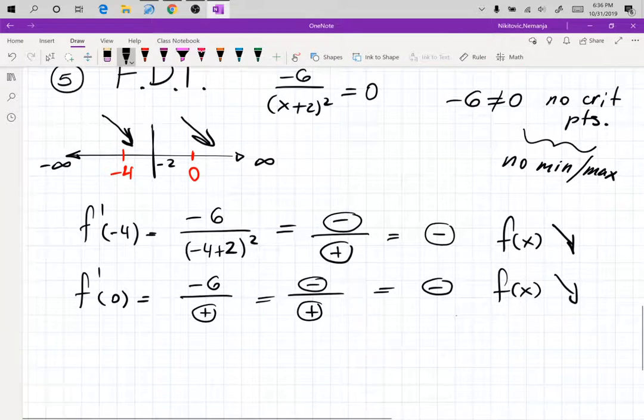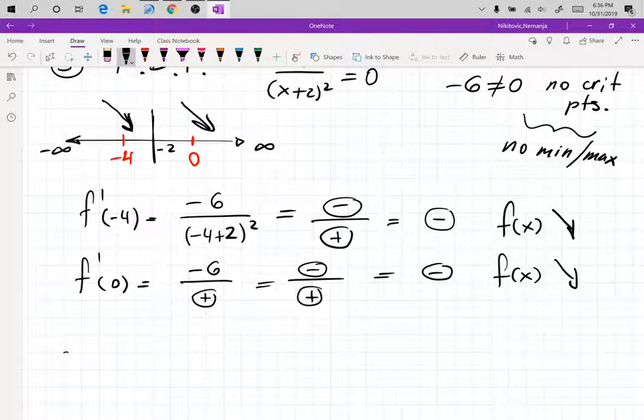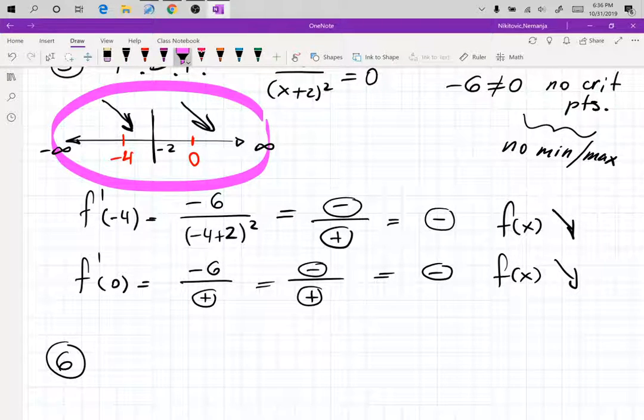The next part is part 6. By the way, this is the important piece of information for graphing. You visually see that the function is always decreasing. So when you draw the pieces of a line at the end, you make sure those pieces decrease.